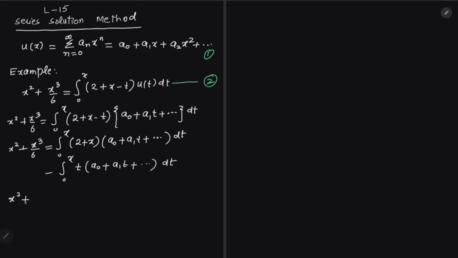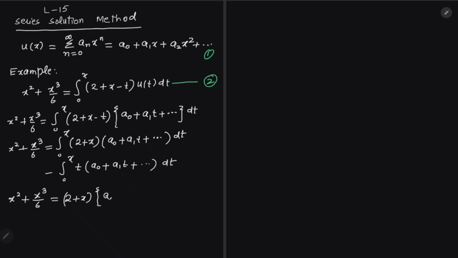On the right hand side, x square plus x cubed by 6 is equal to 2 plus x, which is a constant, since the integration is with respect to t. So we integrate only this term. So here we get, first, a naught t, then we apply lower and upper limit, so we get a naught x.